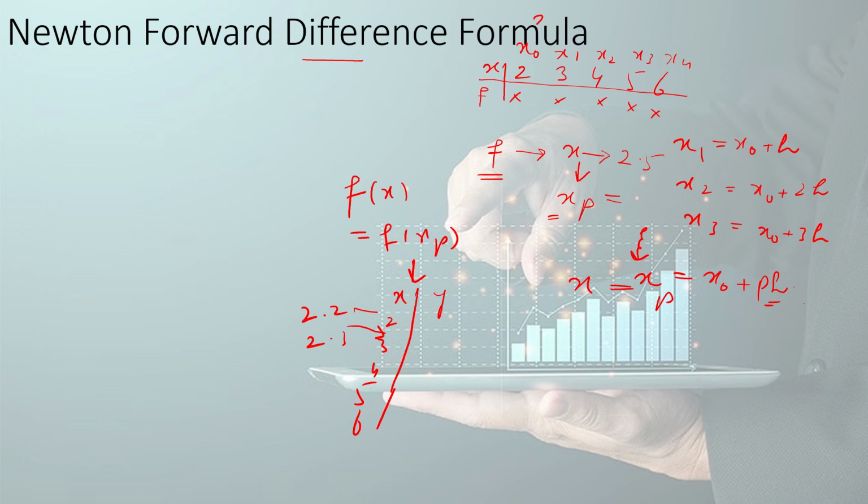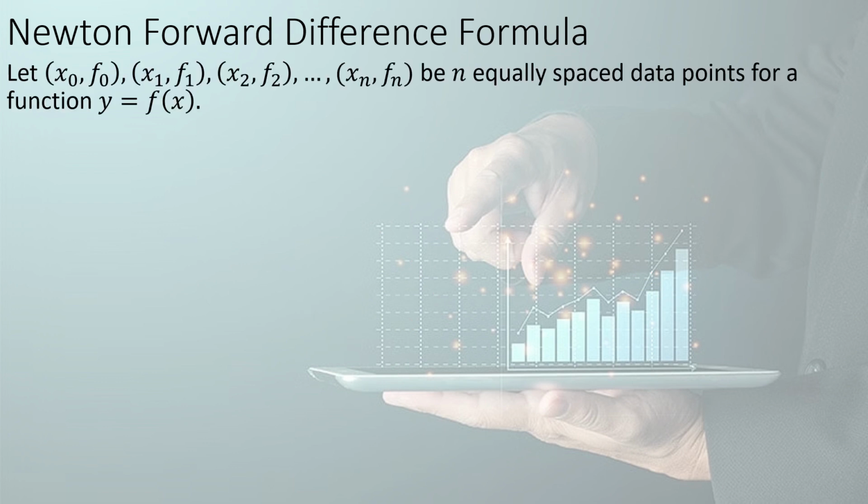So for a given value of x, how do we derive this formula? Let's suppose we are given x naught, f naught, x1, f1, x2, f2, up to xn, fn.